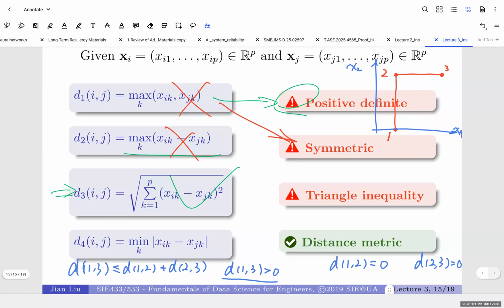So this is not a qualified distance metric. I hope you can understand how we analyze this. Okay, this can be positive and satisfy symmetry, but it violates the triangular inequality.